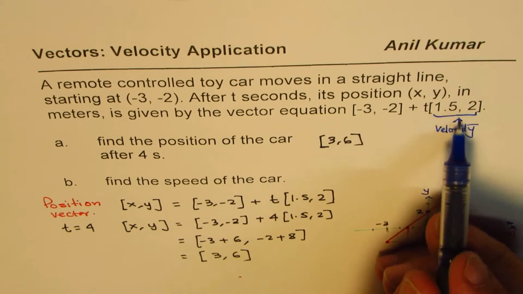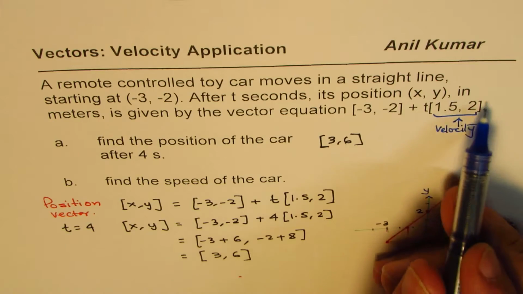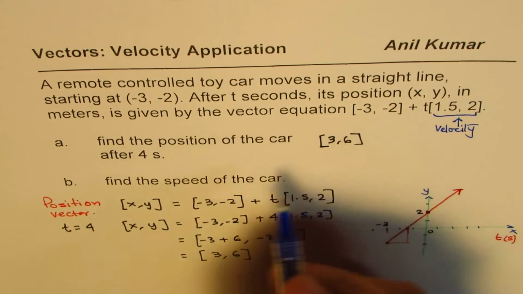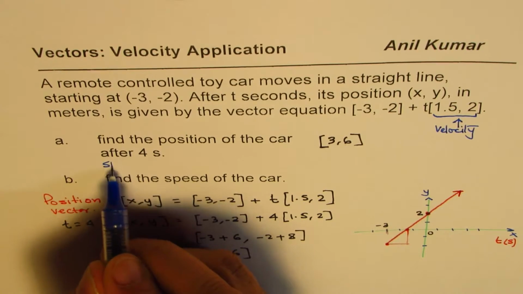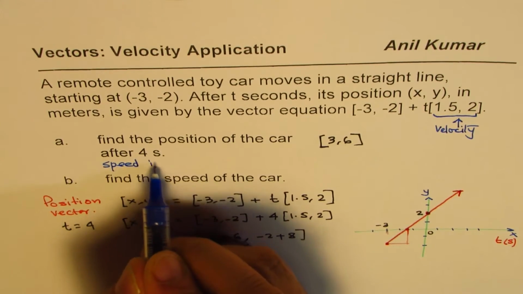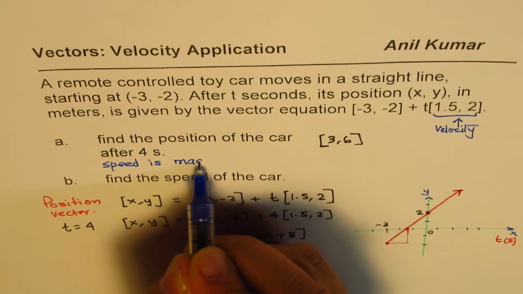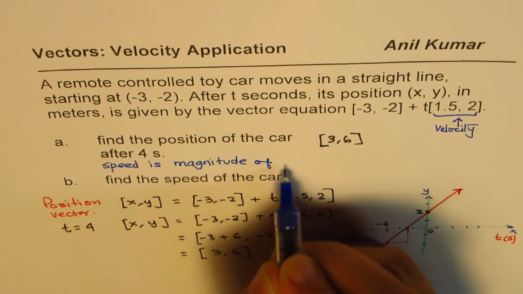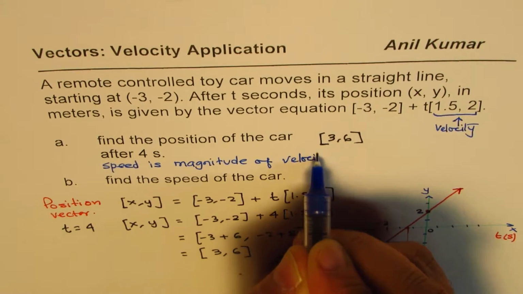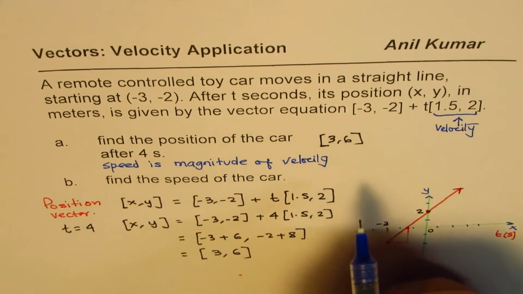So that is the velocity. So speed is magnitude of velocity, right? So let's understand this part. I'll write down here, speed is magnitude of velocity.